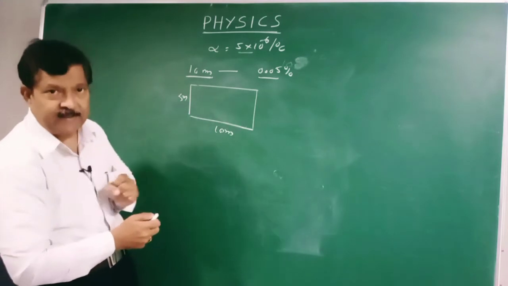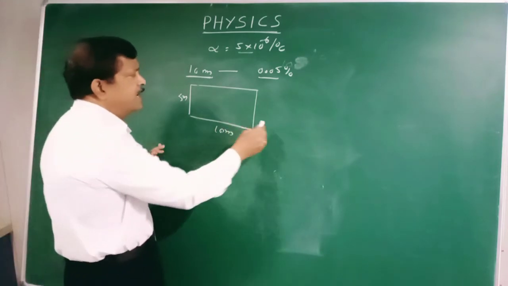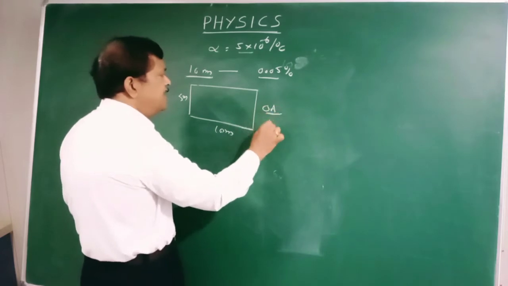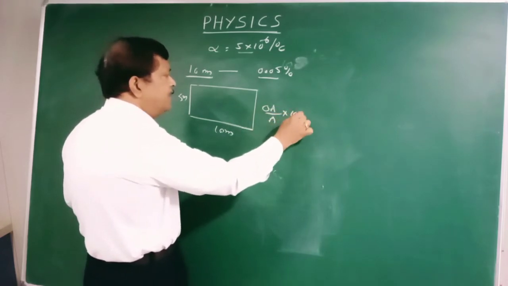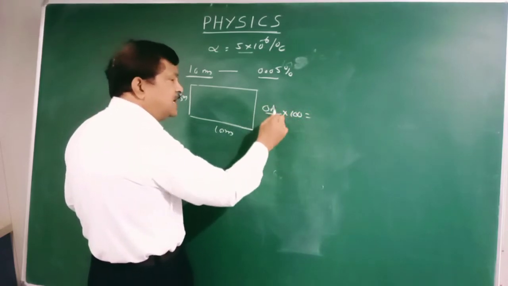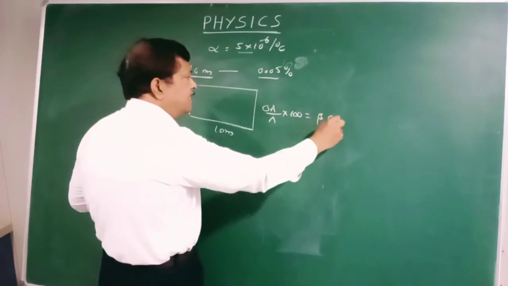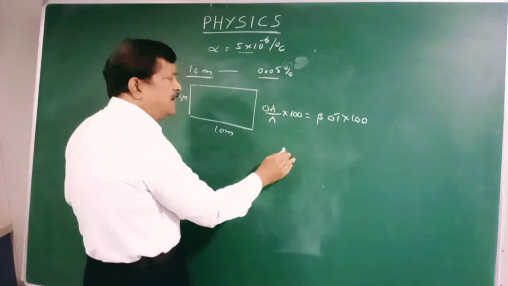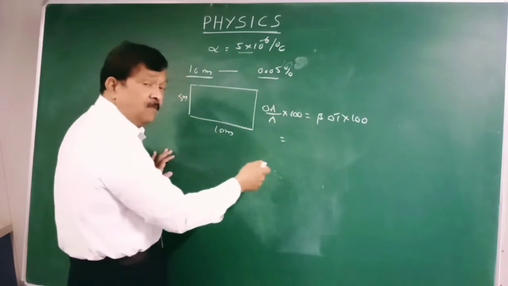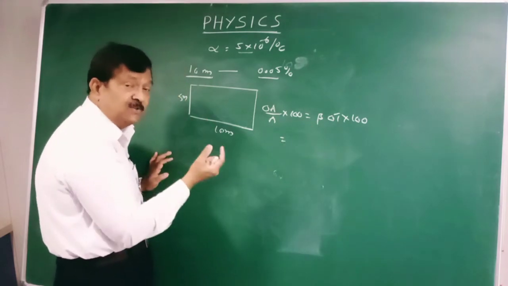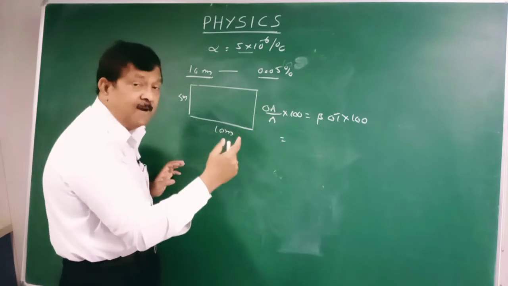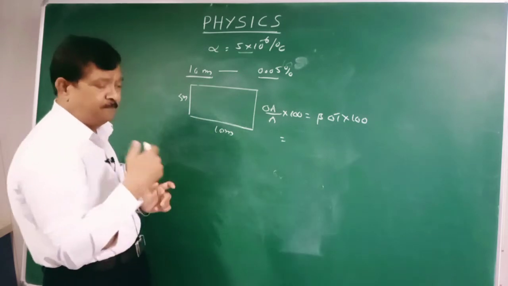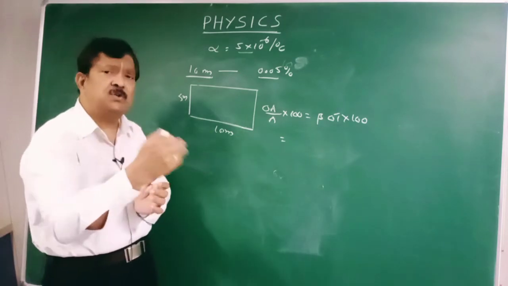Then how to do it? Remember, percentage change in area is delta A by A multiplied by 100. What is delta A by A? It is beta delta T into 100. But we know for an isotropic solid, we have shown that alpha, beta, gamma will be in the ratio 1:2:3.